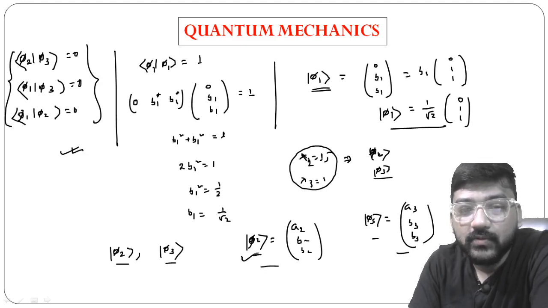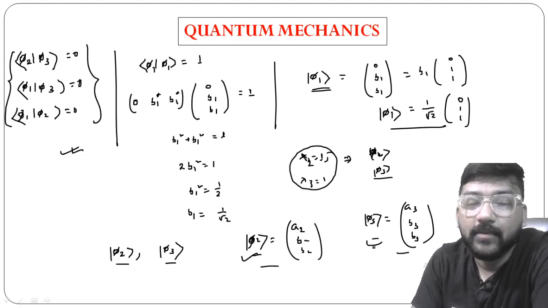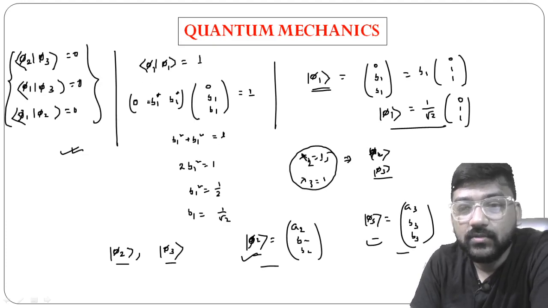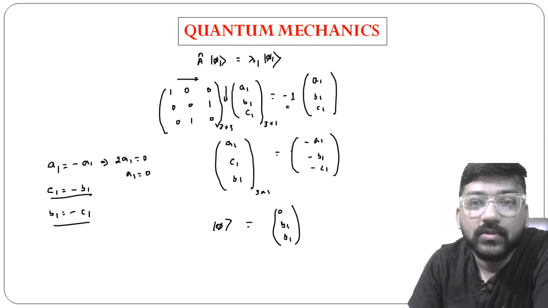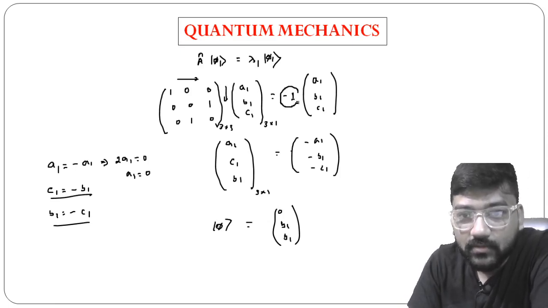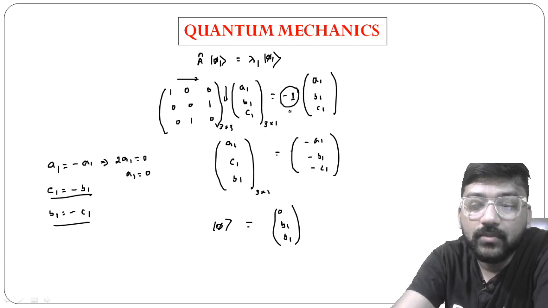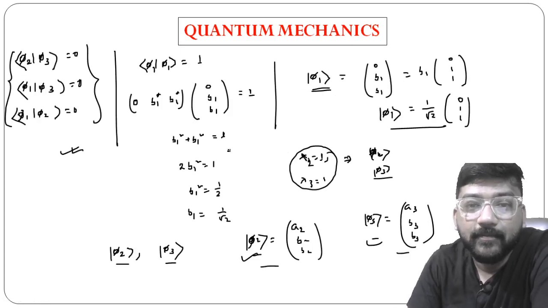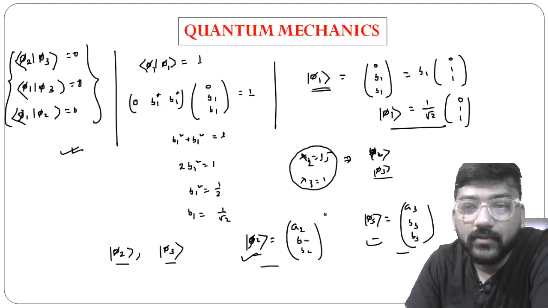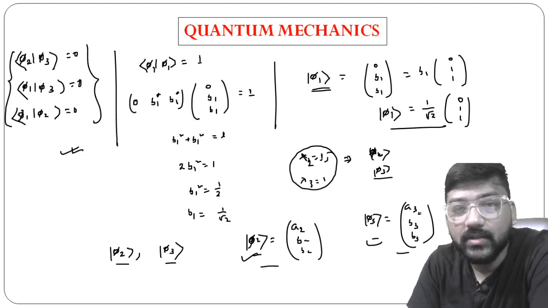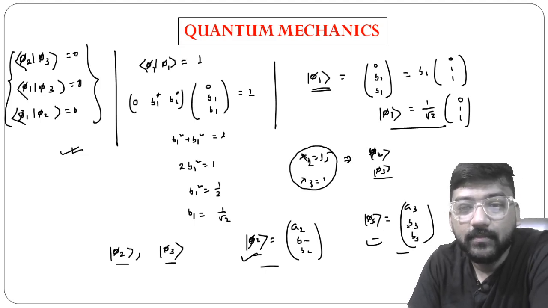If you follow the same procedure, put just here 1, instead of 0, you will get a value a2, and b2, b2, and for phi 3 it will be a3, b3, b3. I have just given different notation, but this will be same.